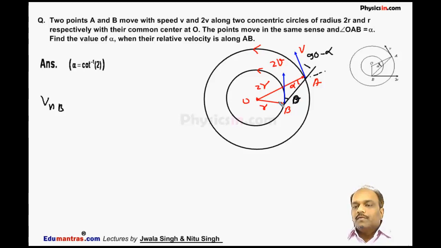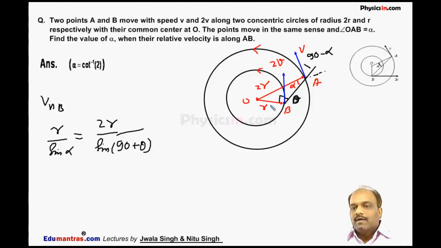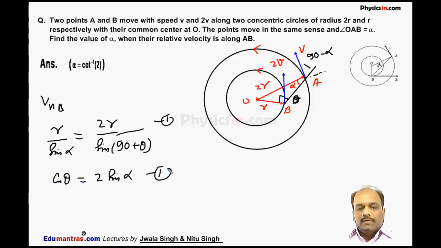Now by using the property of triangle, because we know this angle is 90 degrees, at this instant by sine rule, r by sine alpha must be equal to 2r by sine of 90 plus theta. This is our first expression. So from here we get cos theta is equal to 2 sine alpha.